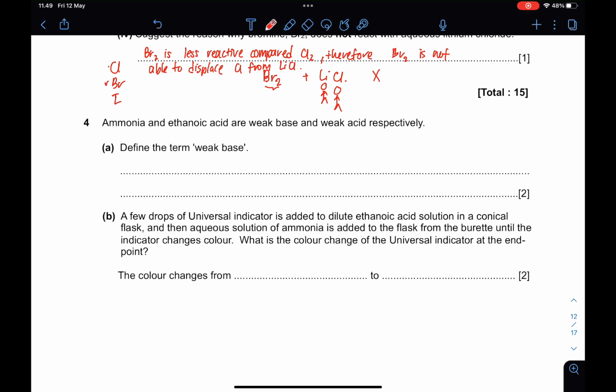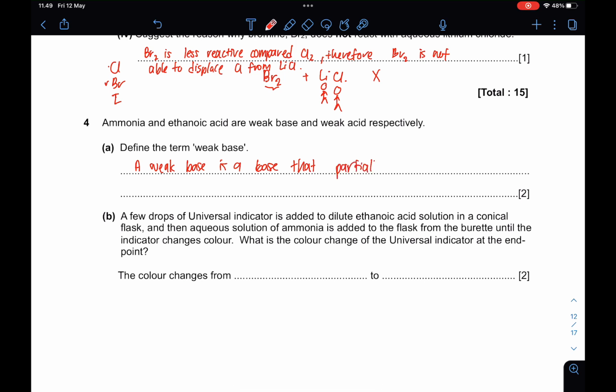Now we are left with question number 4. For question number 4, ammonia and ethanoic acid are weak base and weak acid respectively. Define the term weak base.